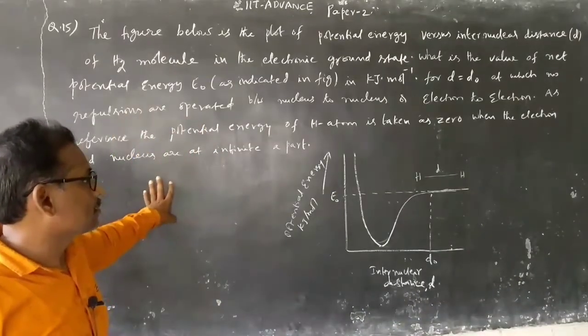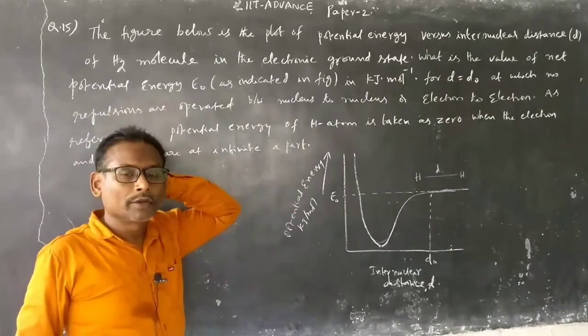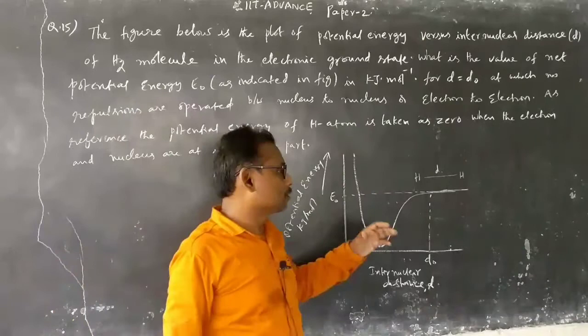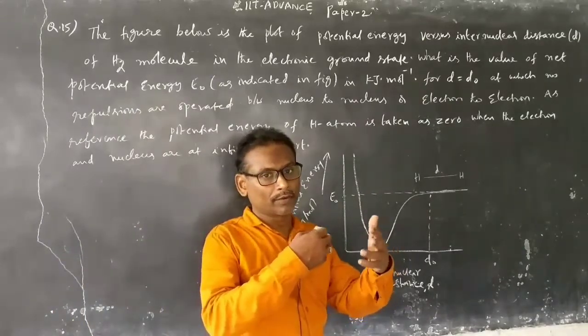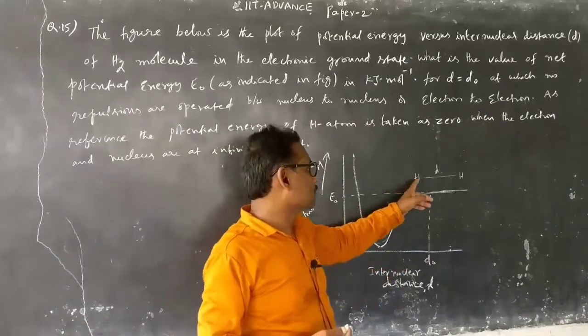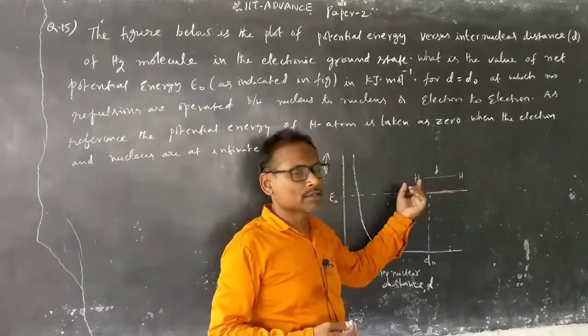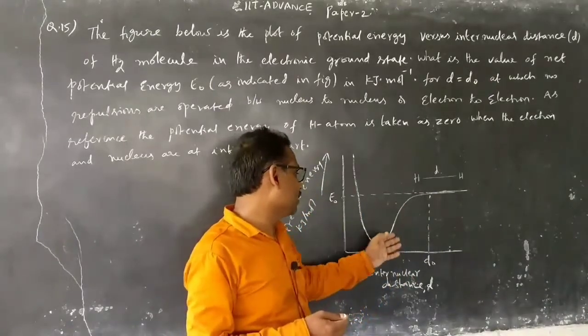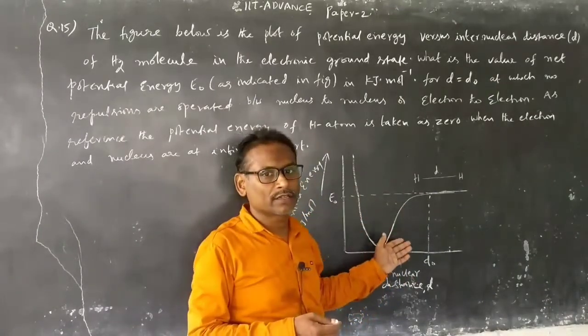The same way, if you want to find question number 15, the question is based on getting some idea about the potential energy of two atoms when they come closer. How is the situation of two hydrogen atoms when they come closer? Of course, the meaning of the diagram we have also learned in the textbook.